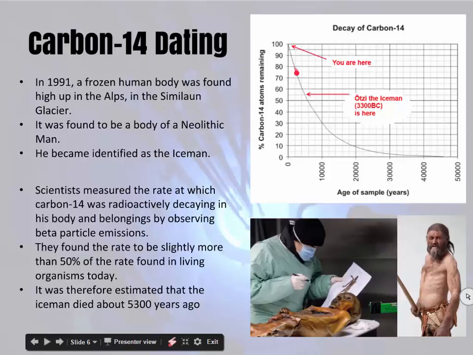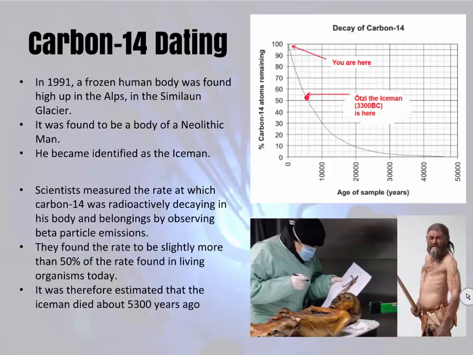Just above 50 on our scale, let's say 55% of the carbon-14 atoms remained, and that tells us how old the organism was. So it was estimated that the Iceman died about 5,300 years ago, because they could measure how much of that carbon-14 had remained.